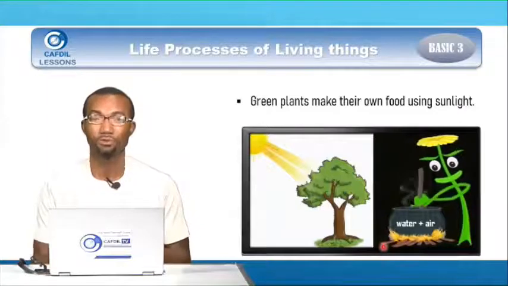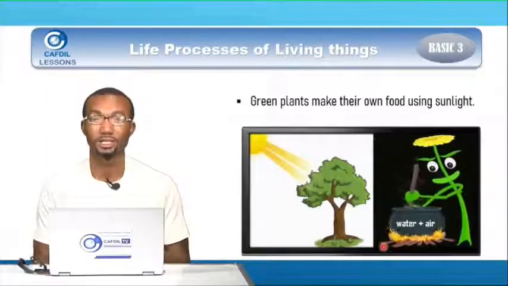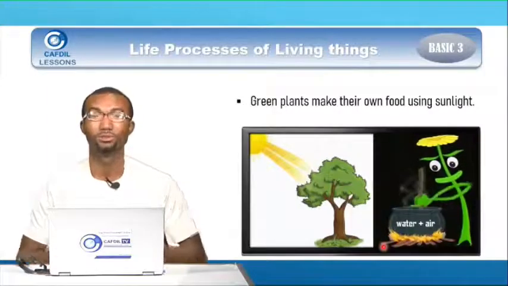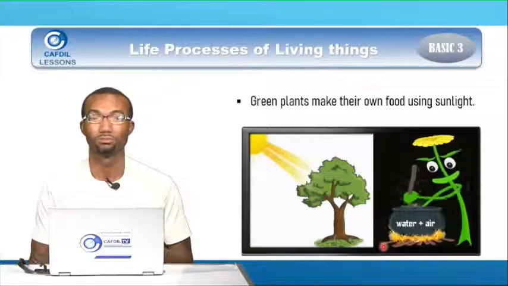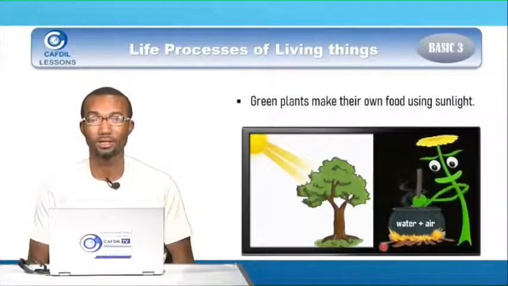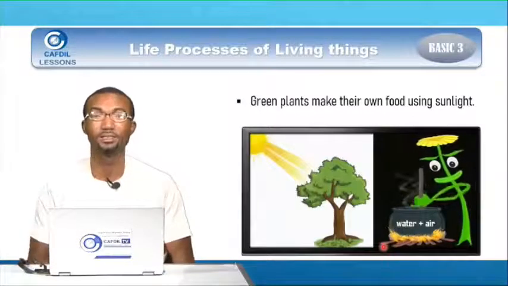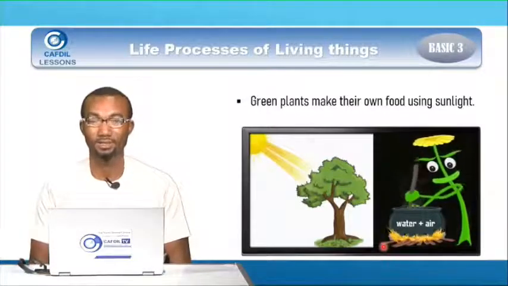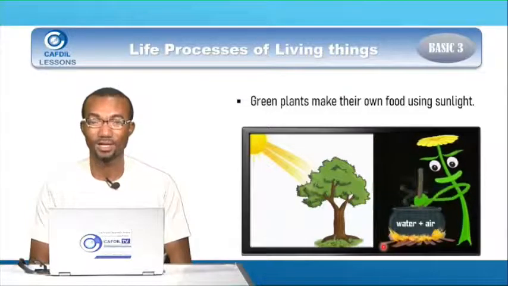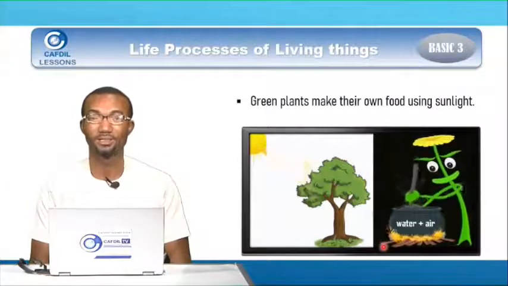The leaves cook for the plant to eat. And if you eat, what do you do? You grow bigger and stronger. So plants also prepare their own food and then they eat it to stay alive. And they use sunlight, water, and air to prepare their food.